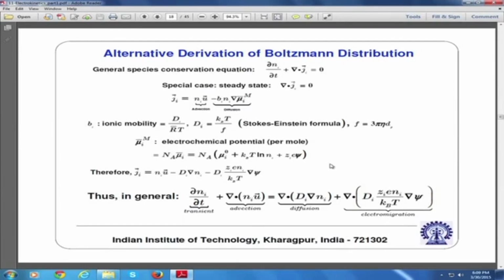So accordingly we have written Ji is equal to NiU minus Bi Ni into grad of mu I.